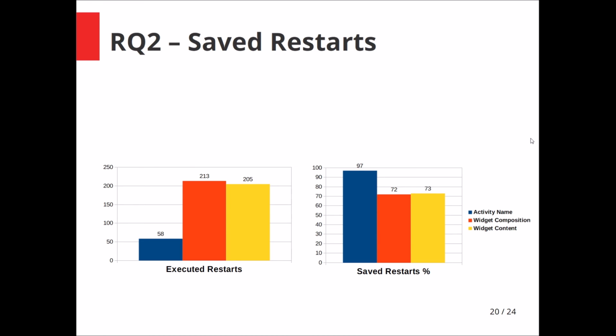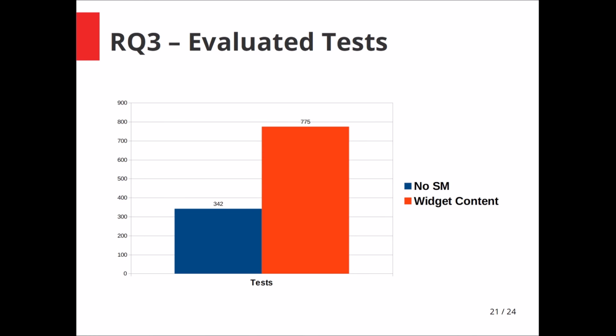While the number of executed restarts is a couple of times higher for the more fine-grained surrogate models, the rate of saved restarts is above 70%, meaning that we can save a vast part of restarts even with the more fine-grained configurations.